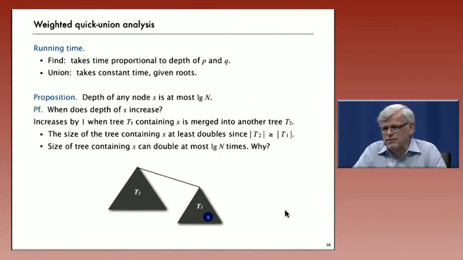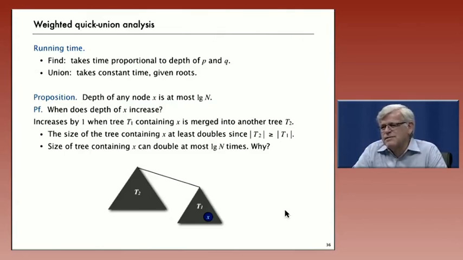When does it go down further in the tree? Well, x's depth will increase by 1 when its tree, T1 in this diagram, is merged into some other tree, T2 in this diagram. At that point, we said we'd only do that if the size of T2 was bigger than or equal to the size of T1.